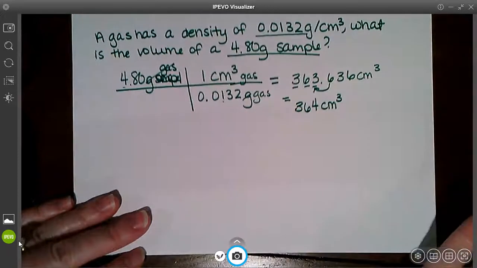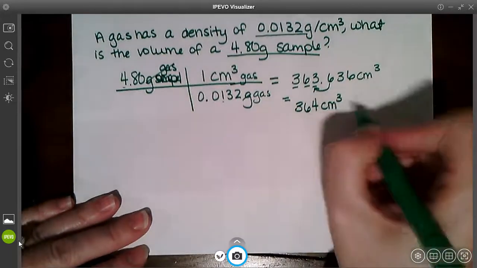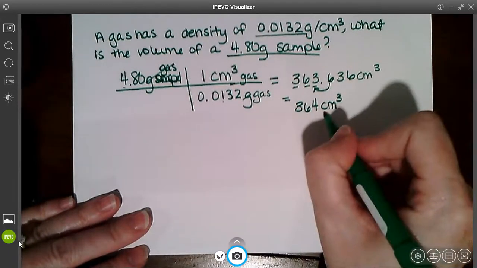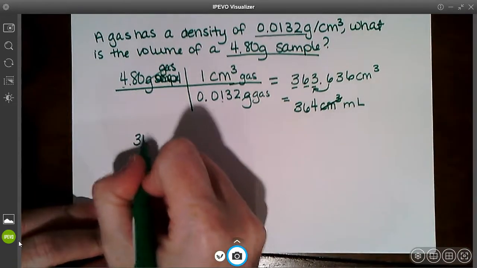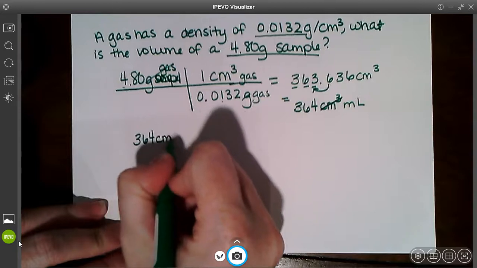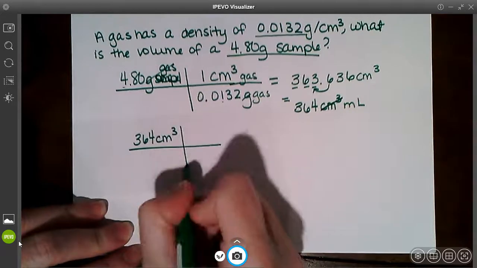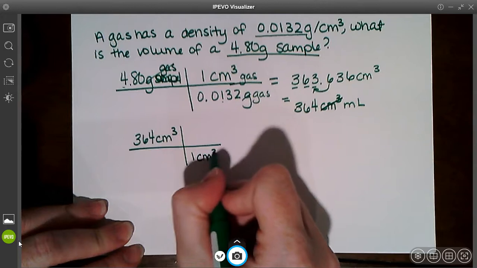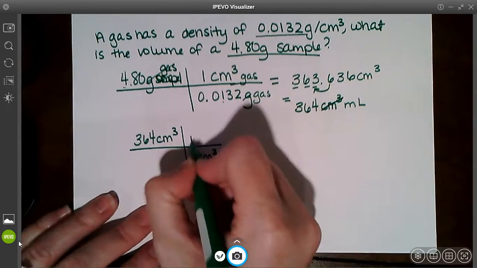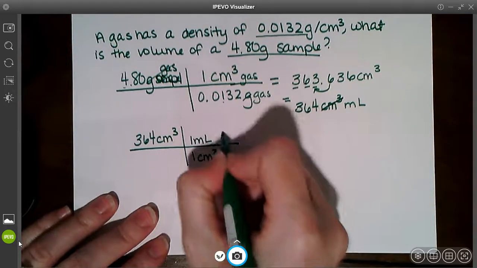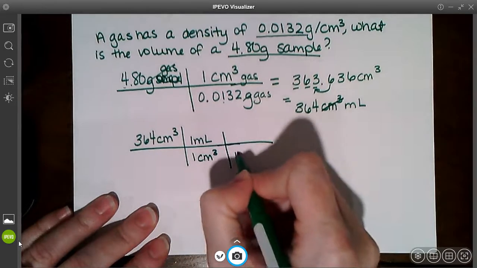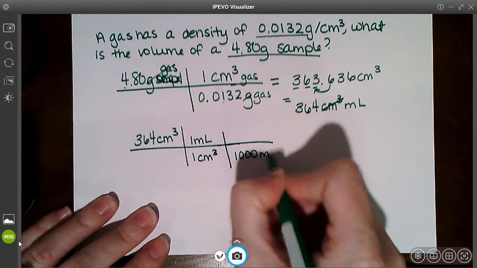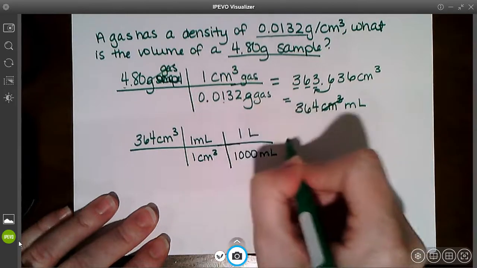Let's say I had wanted this in liters. I know that cubic centimeters is the same thing as milliliters. I'll change that to milliliters, or I can show you how that works. 364 cubic centimeters for every 1 cubic centimeter, excuse me, I have 1 milliliter. Let's say I wanted to convert it to liters. For every 1,000 milliliters, I have 1 liter.